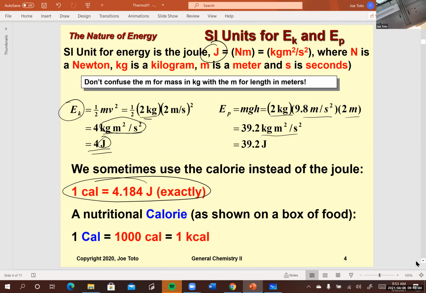So we know our conversion factor, and we know that those calories are different from the calories that you might see on your package of Twinkies or whatever you're eating. Those are actually kilocalories, and they signify that by sometimes putting a big C instead of a little c.